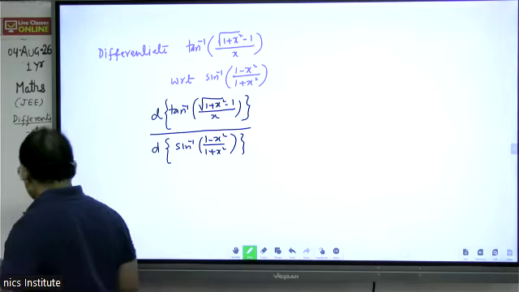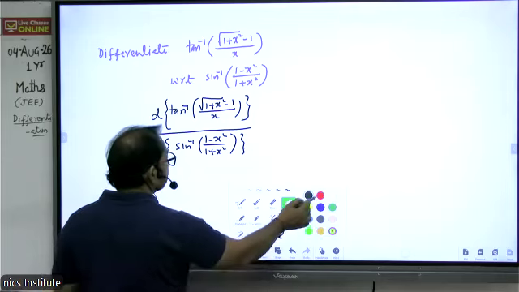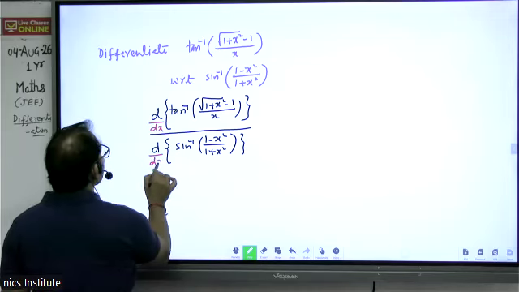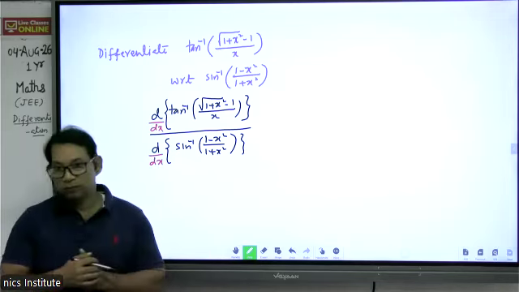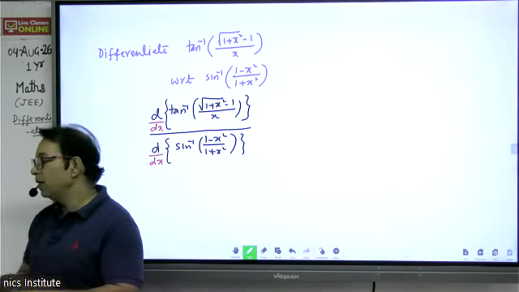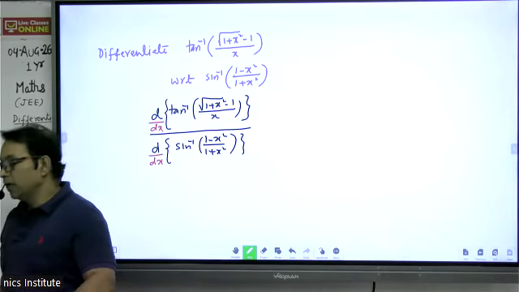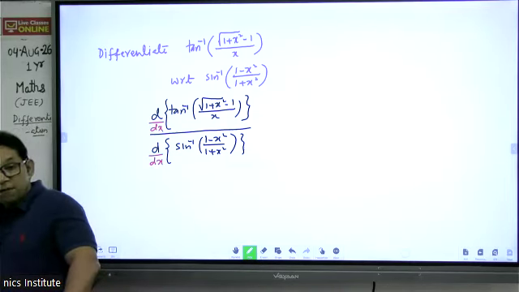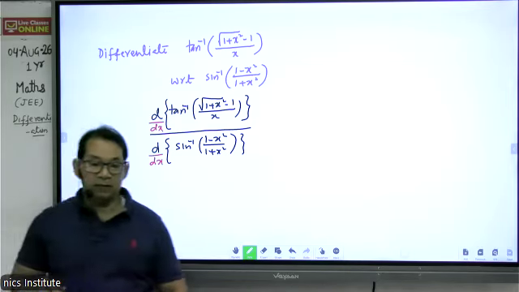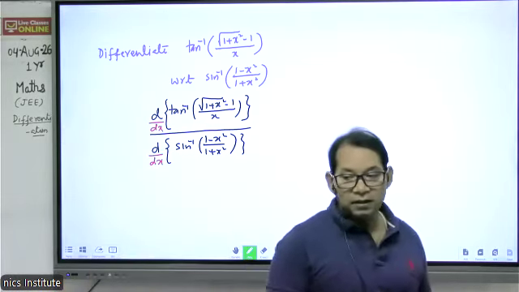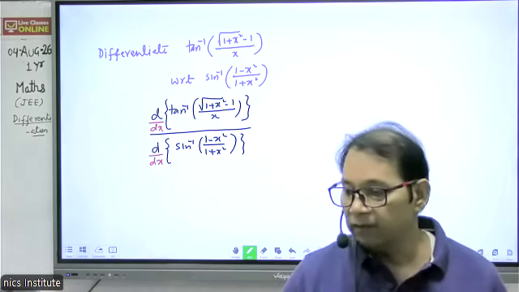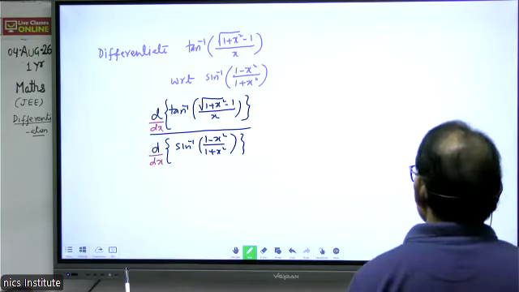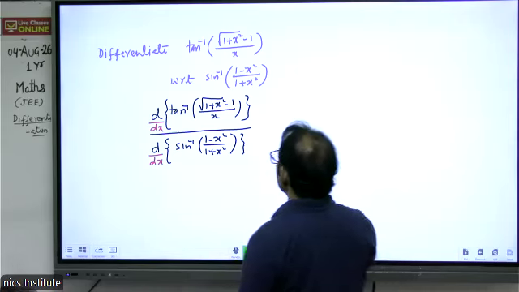So all you have to do is differentiate the first function with respect to x, differentiate the second function with respect to x, and divide the two. It's normal differentiation, and at the end you divide by the second one. Since it's an inverse function, you need to simplify first, then differentiate. Don't apply the chain rule, it will become very long. You need to remove the root, so you can simplify these individually.